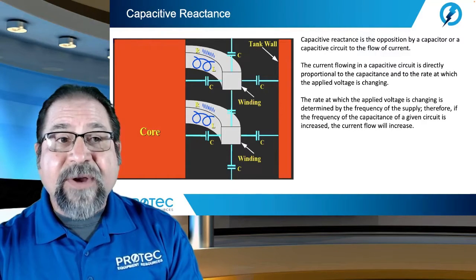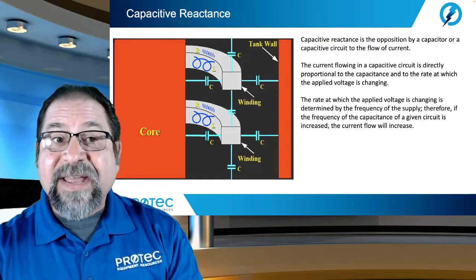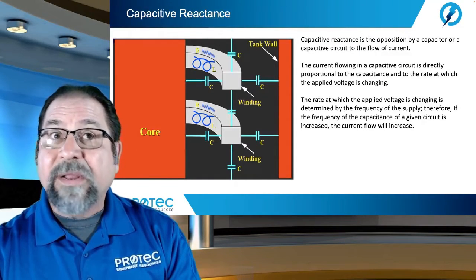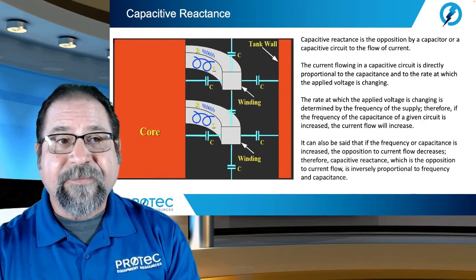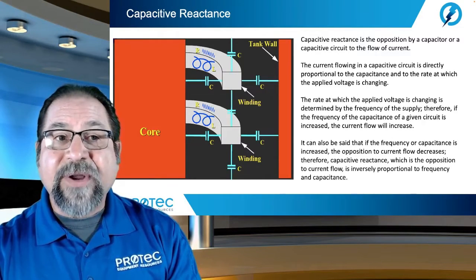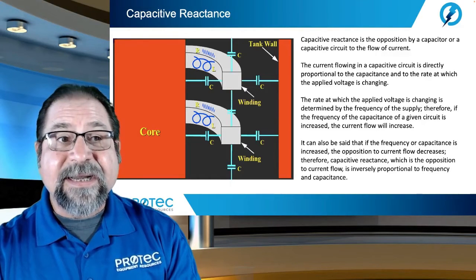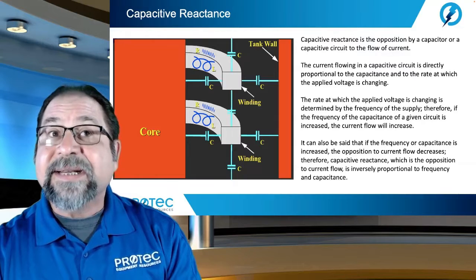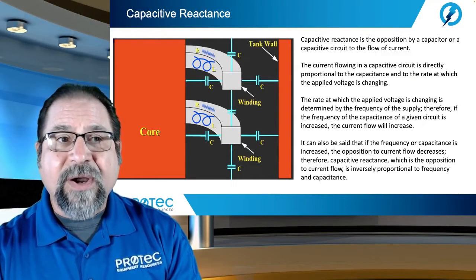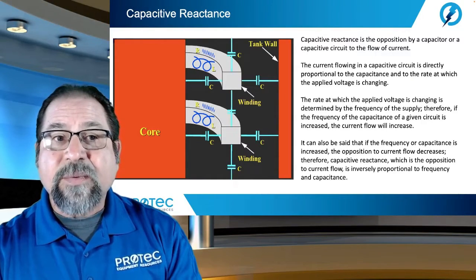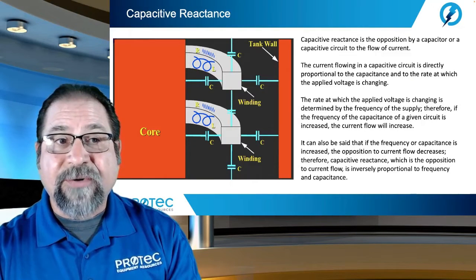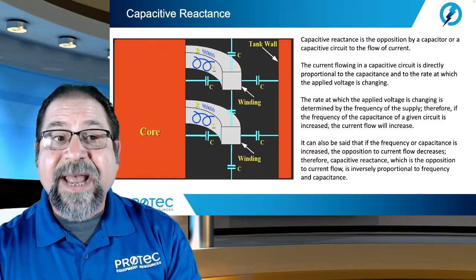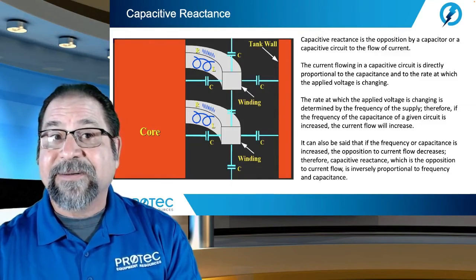Therefore, if the frequency or the capacitance of a given circuit is increased, the current flow will increase. It can also be said that if the frequency or capacitance is increased, the opposition to current flow decreases. Therefore, capacitive reactance, which is the opposition to current flow, is inversely proportional to frequency and capacitance.